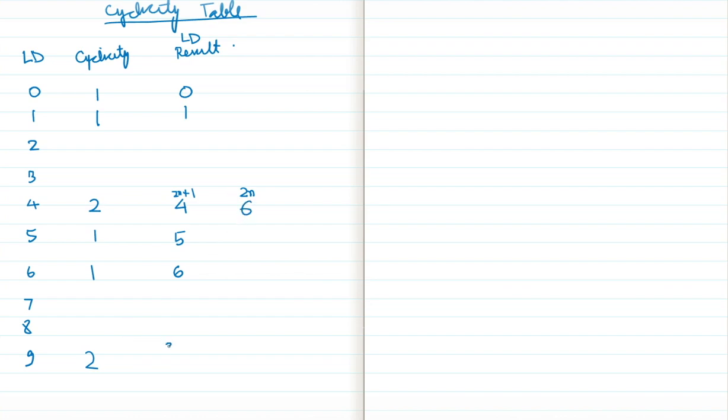Likewise for 9, if the power is odd, you would get a 9 in the last digit. If the power is even, you would get a 1 in the last digit.